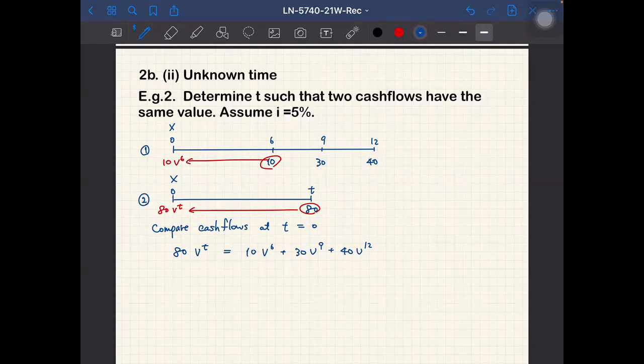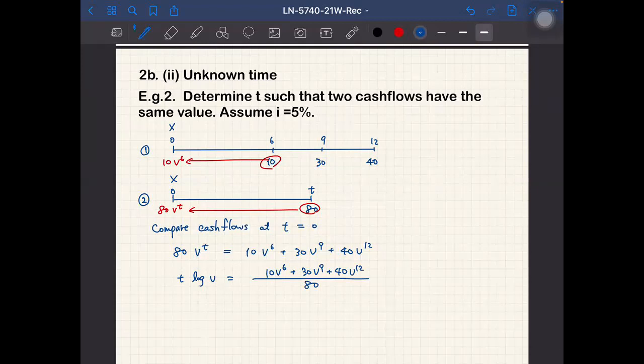It looks complicated, but if you divide both sides by 80, then take logarithm, then you can solve it. So t times log of v is equal to the log of (10 times v^6 plus 30 times v^9 plus 40 times v^12) divided by 80.